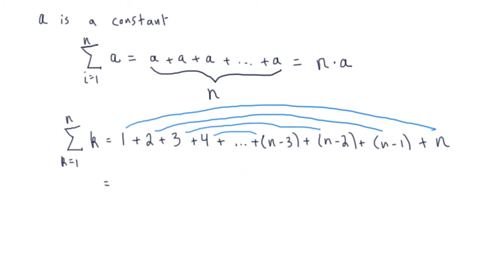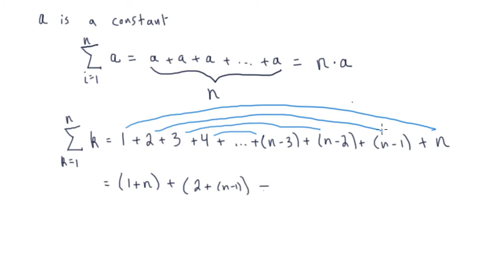We're going to have 1 plus n, that's just 1 plus n, and then 2 plus n minus 1.